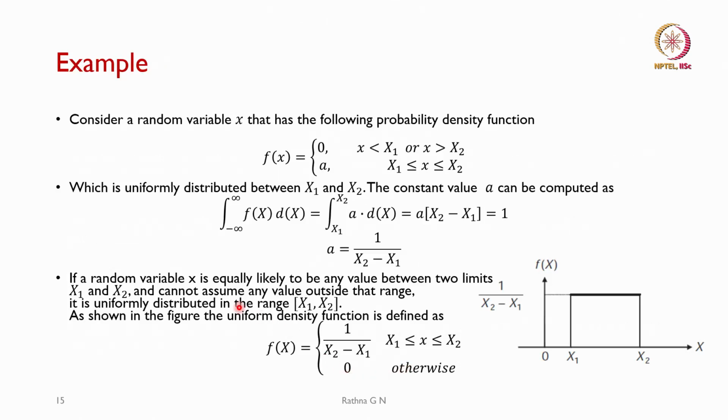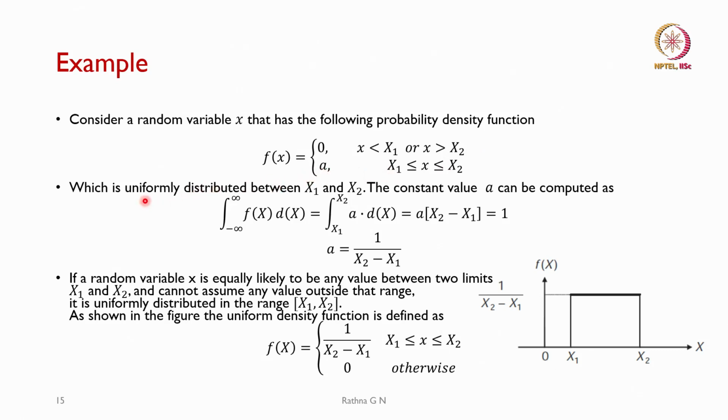As an example, we consider a random variable x that has the following probability density function: f of x is equal to 0 for x less than x1 or x greater than x2, and in the region x1 to x2 it is equal to a.